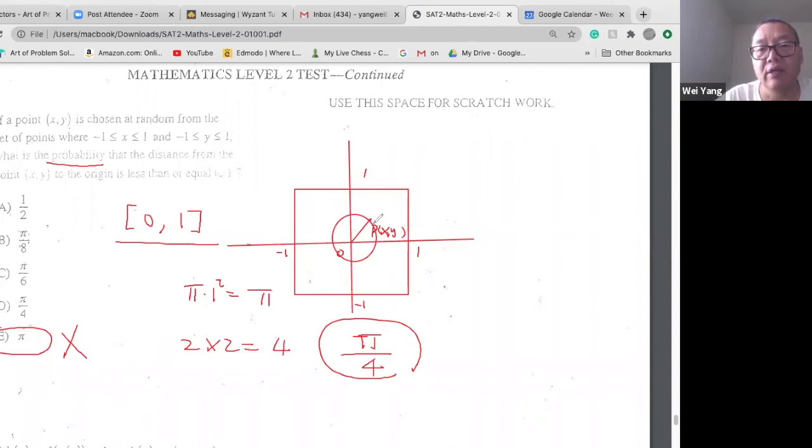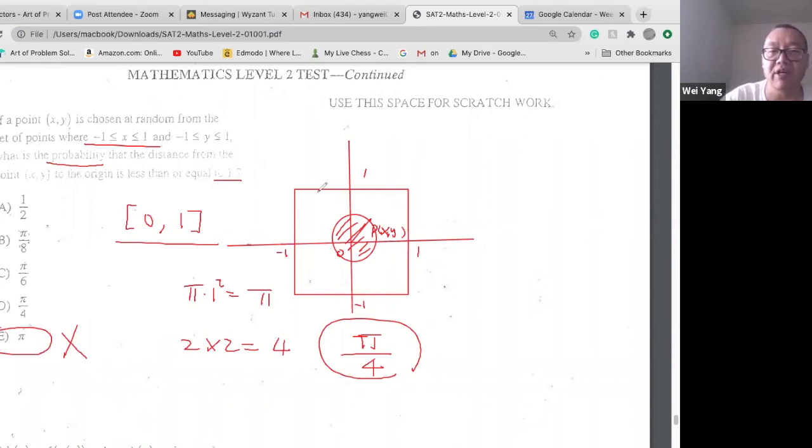The distance to the origin is actually asking you to calculate the area of this circle. Distance is 1, so they already give you the circle radius, which is 1. Then they give you x between -1 and +1, and y between -1 and +1.